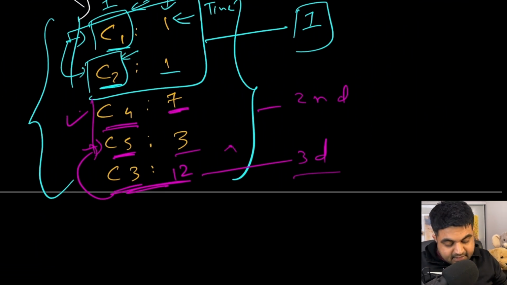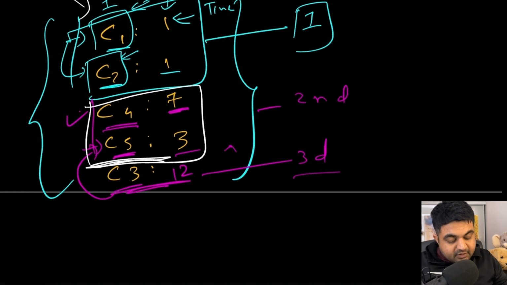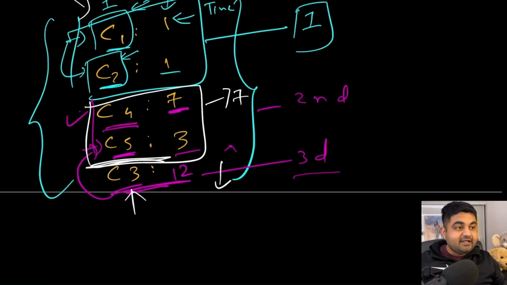So in this case, for C4 and C5, it's going to take 7 hours to reach the destination. If this number had been anything less than 7, then it would have been part of the C4 fleet. But because it's not less than 7, this has to be a fleet on its own. And that's it. That's what we need to do. And this is the whole solution.